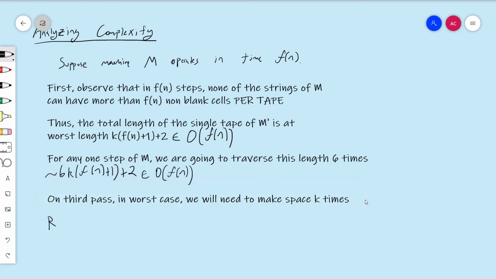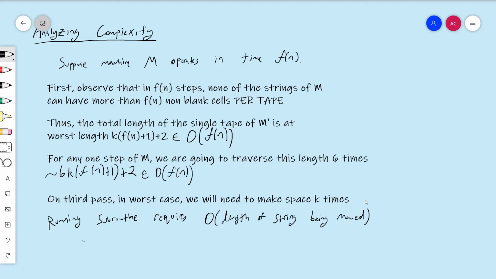So running the subroutine requires O of the length of the string being moved. It's an O of n algorithm. The thing we're operating on is not n, but the length of the string being moved, which is this.